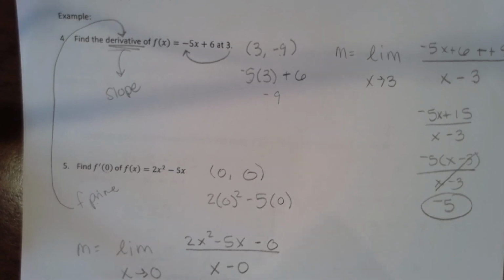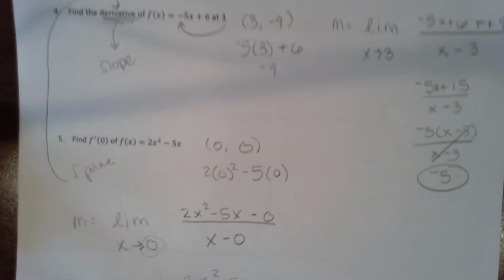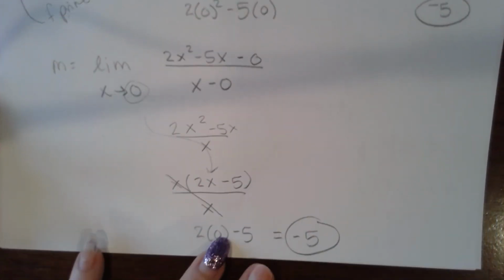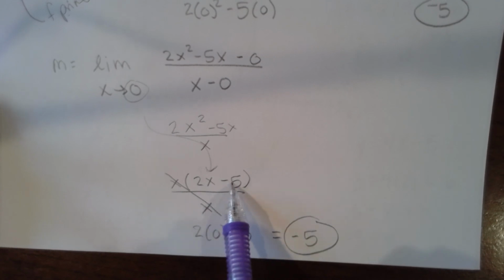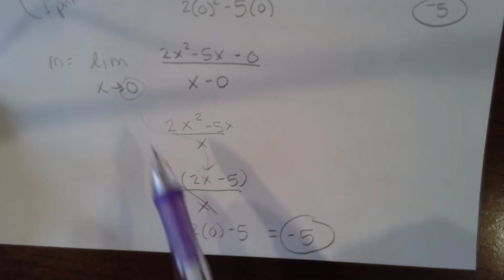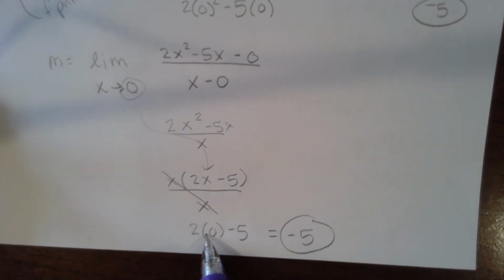The x's then cancel. Now plug in your 0. Oh, sorry, I didn't realize you guys couldn't see all that work I was doing. So we factored out the x, which gave us 2x minus 5. The x is then canceled. Now we can plug in the 0, which gave us an answer of negative 5.